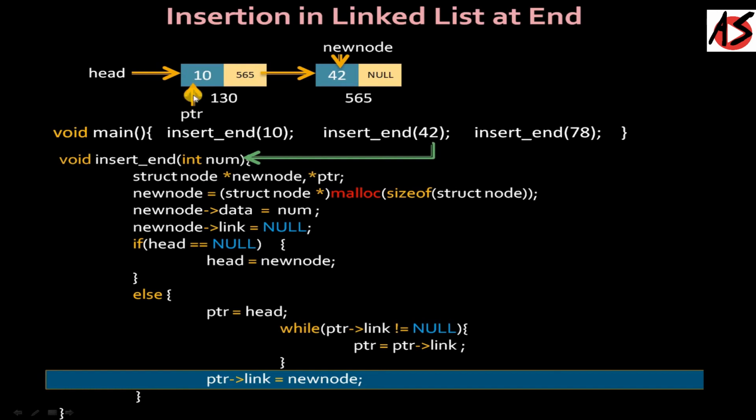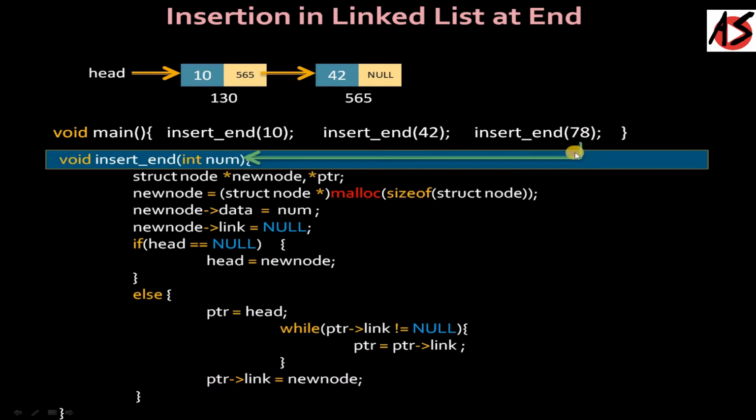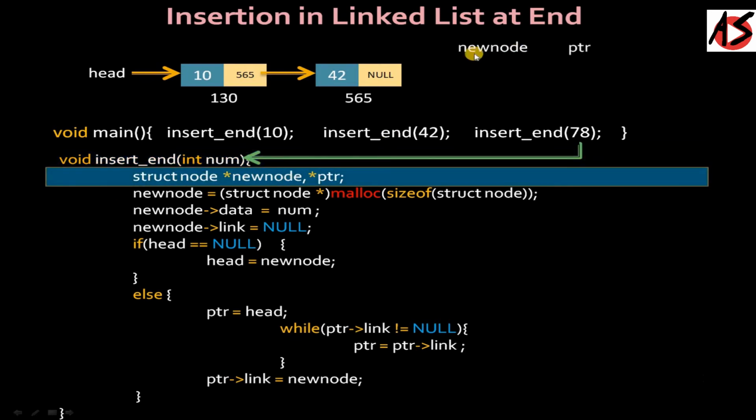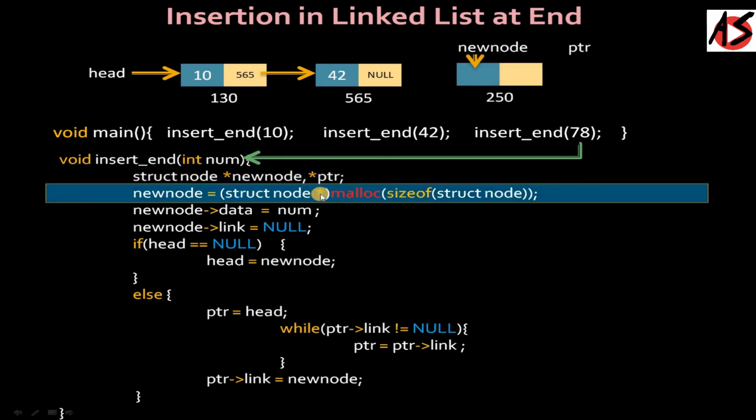Now we are inserting one more data value, which is 78. So 78 is copied in the num variable. Now we are taking again two pointers, new node and PTR. Now we are allocating the memory for the new node with the malloc function, and it has its own address, that is 250.